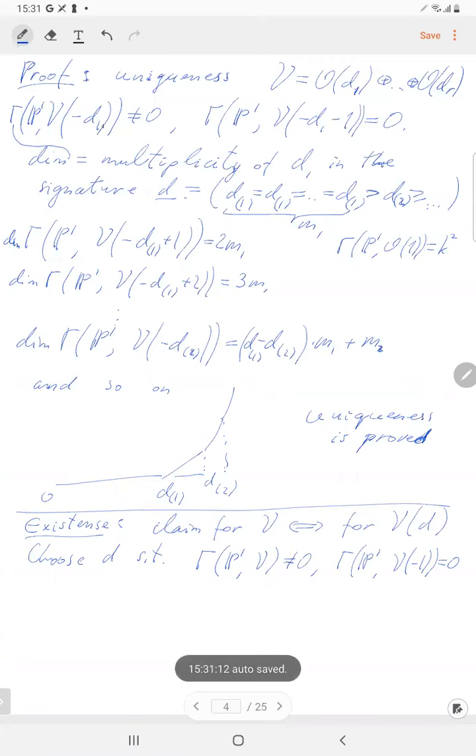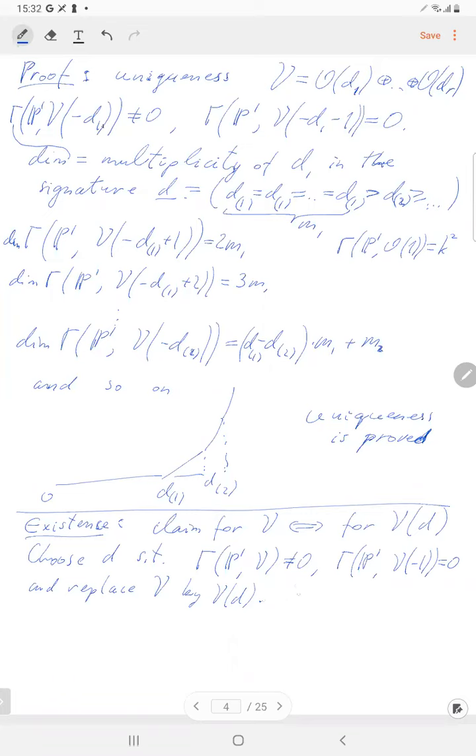So V has some sections, but if you twist it a little bit, it has no sections at all. Where is D in these sections? We replace V by V of D. Understood, thank you.